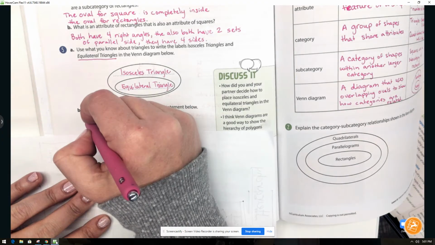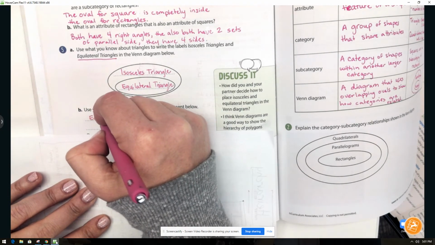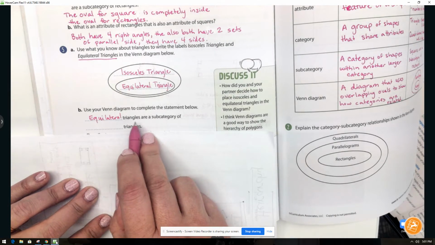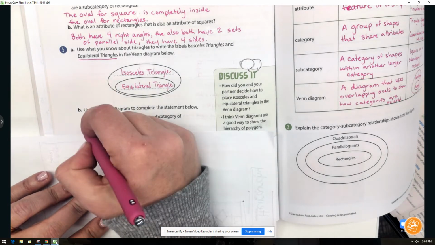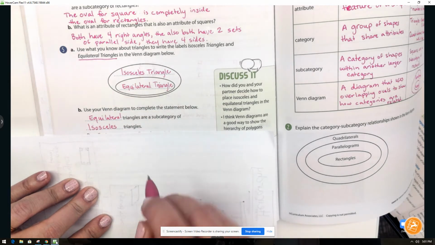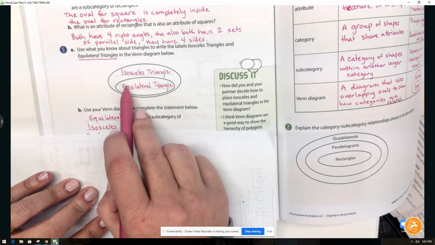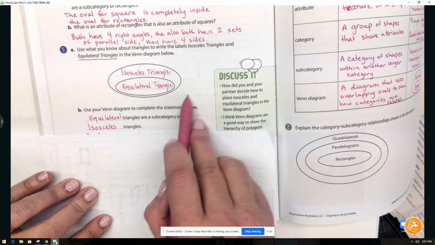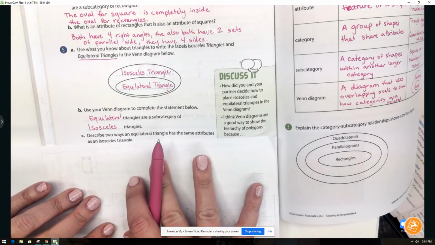That's right, it's the equilateral triangle. Equilateral triangles are a subcategory of isosceles triangles, because the equilateral triangles are entirely inside of isosceles triangles.